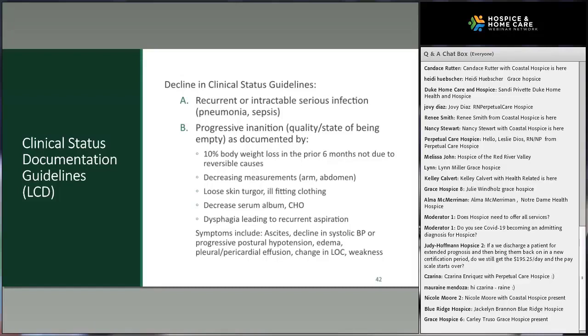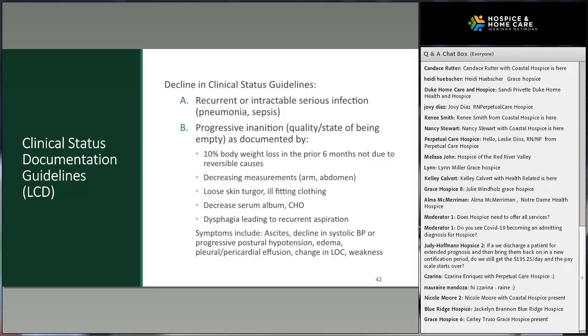It could be related to a 10% body weight loss, and of course if you have a dietitian on service, which again is not a core service, but oftentimes is a very nice extra service that hospices offer, they may be working with the patient and identifying that we're losing more skin, weight, muscle, etc. So those types of measurements oftentimes can help if you send a dietitian out to help support your narrative and what you're doing for a clinical status guideline.